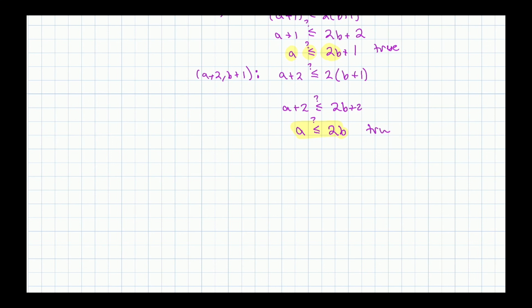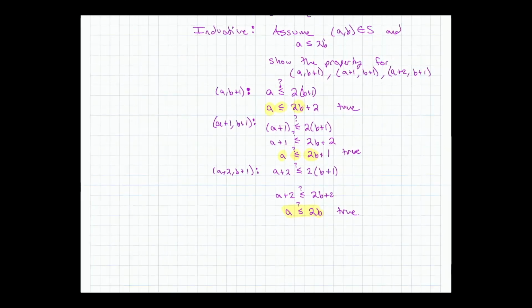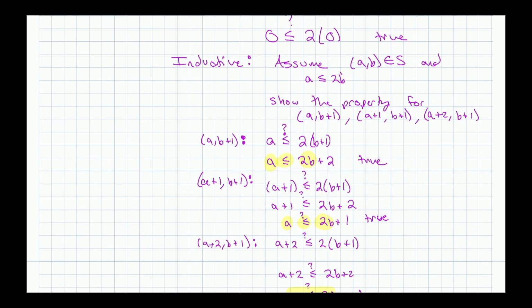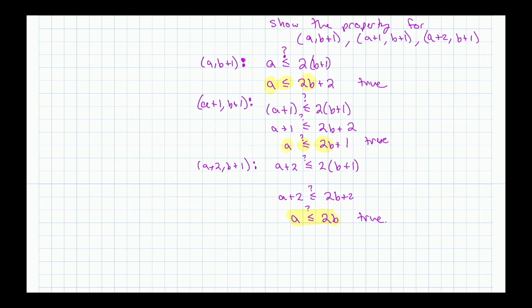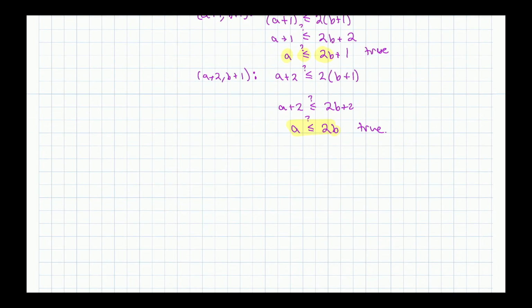So this is also true. All right, so I just showed that if you assume this, then all three of the new things in the set must also satisfy the same property, and that's it. So we're done with that step.